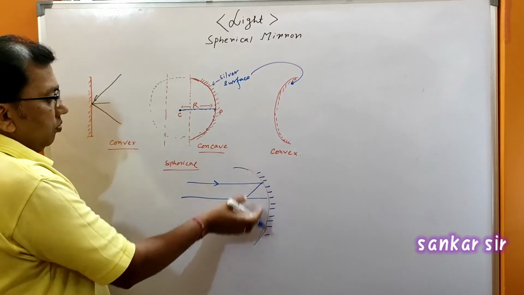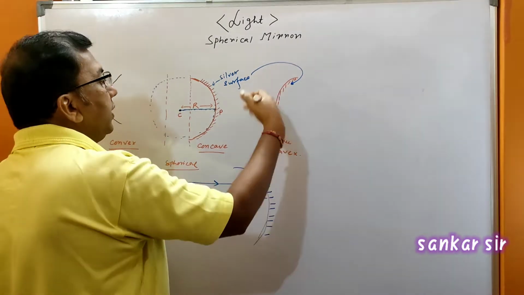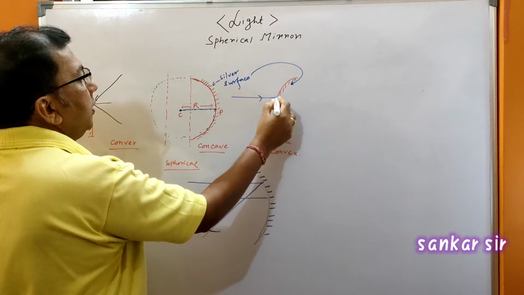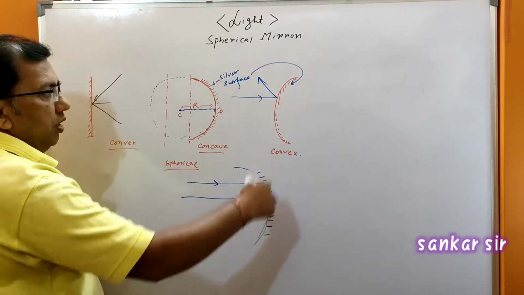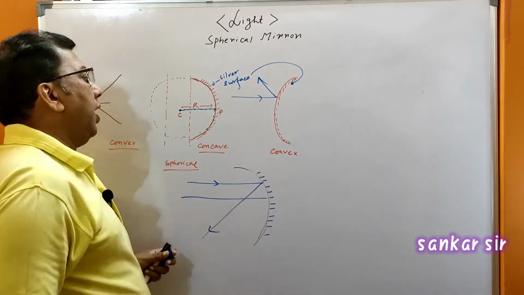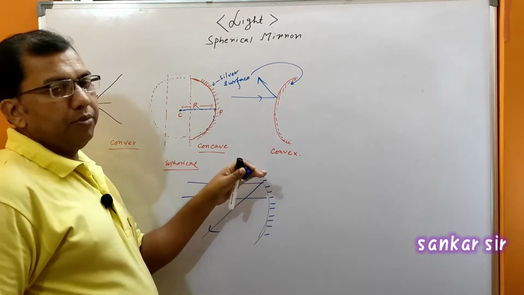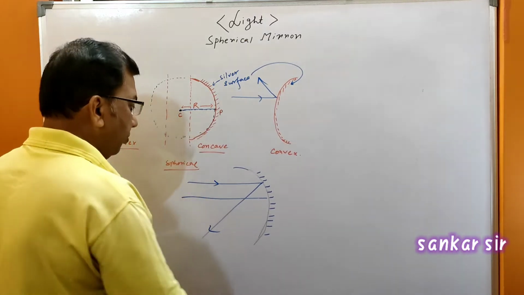This type of mirror is known as the concave mirror. And when the bulging surface is the reflecting surface and the inner is the silver surface, this is known as the convex mirror. Okay, and how the reflection takes place in these convex and concave mirrors, I'm discussing now.